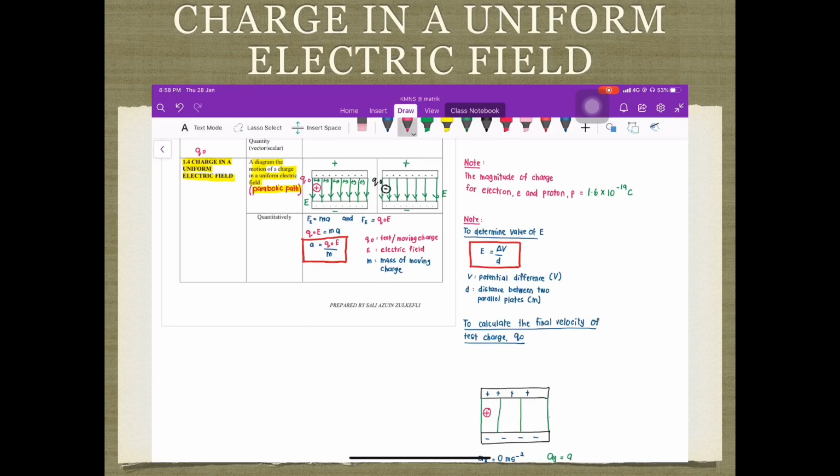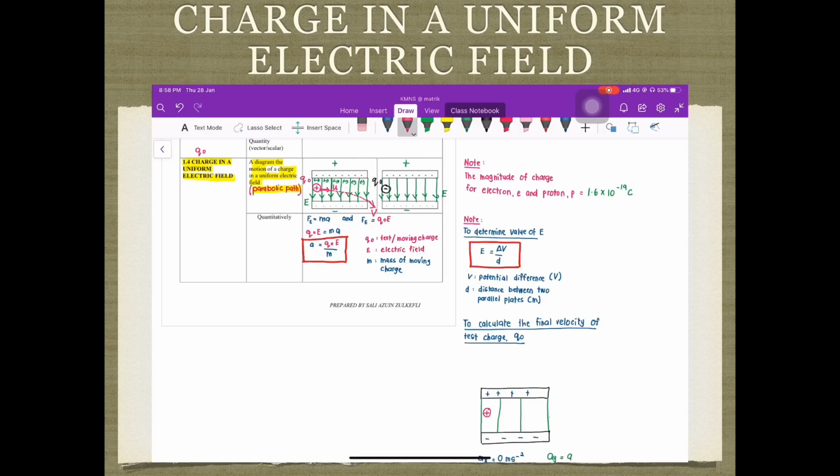Let's say a proton, initially moving with initial velocity. What happened to the proton? Normally a positive charge will be deflected towards the negative plate. This is the final velocity when the charge emerges from the plates.